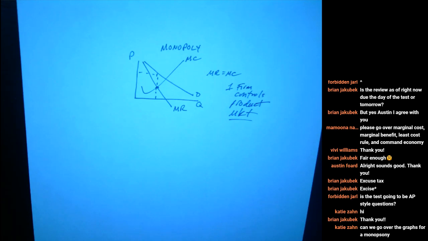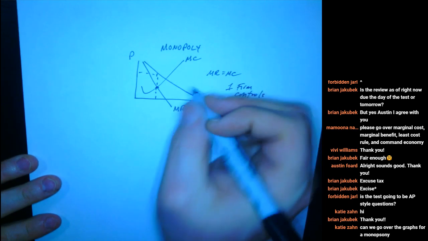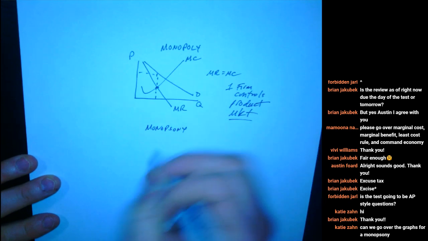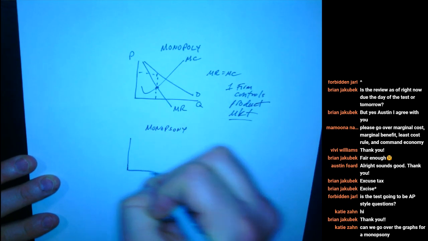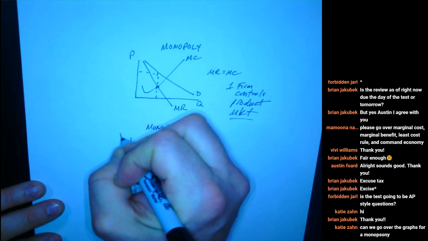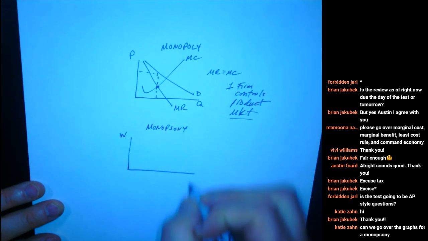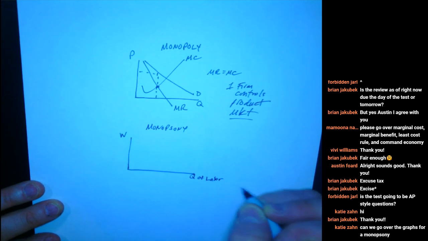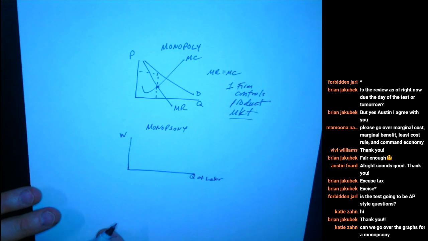Now, that's the product market. Let's go to monopsony. Now you have to remember, when you get to the labor market, wage and quantity of labor. Okay, so things change here.